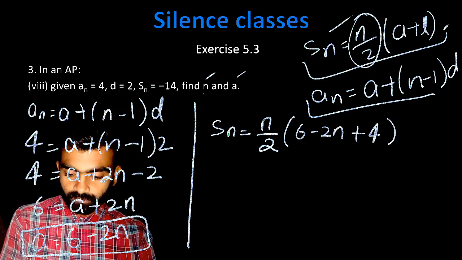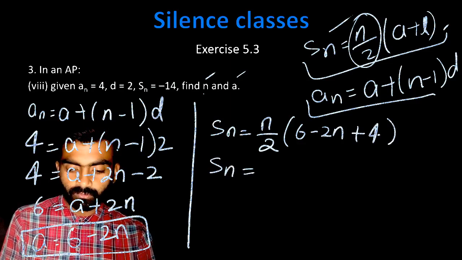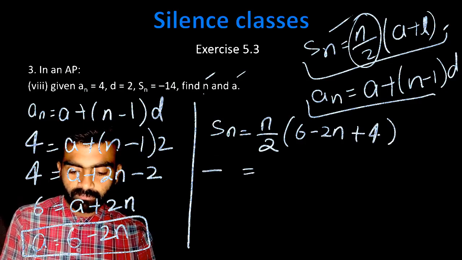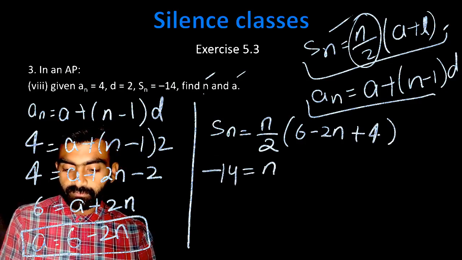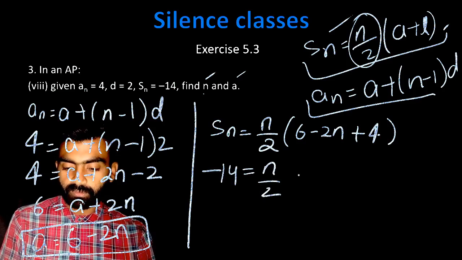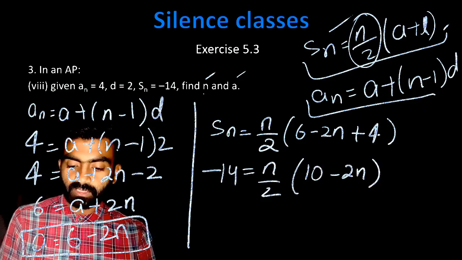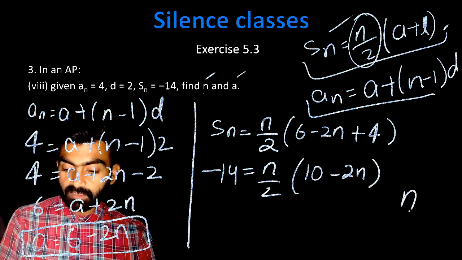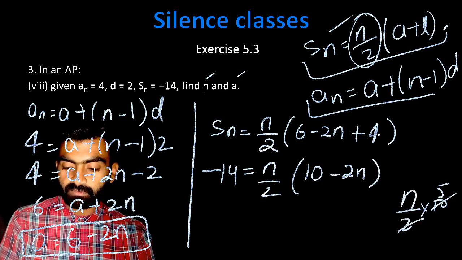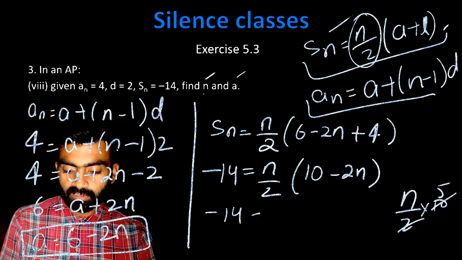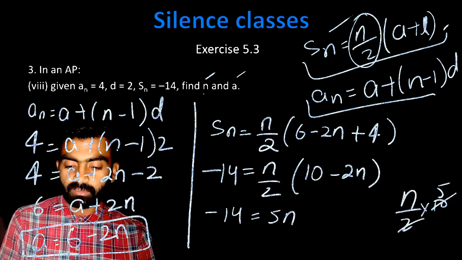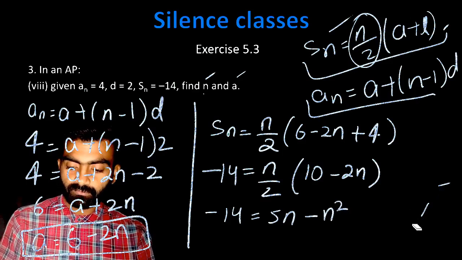So S_n we have, that is minus 14, is equal to n upon 2 times (6 plus 4 minus 2n), so it becomes 10 minus 2n. Once I multiply n upon 2 by 10, we will get 5n. So minus 14 is equal to 5n, and if I multiply n upon 2 by minus 2n, we will get n square.